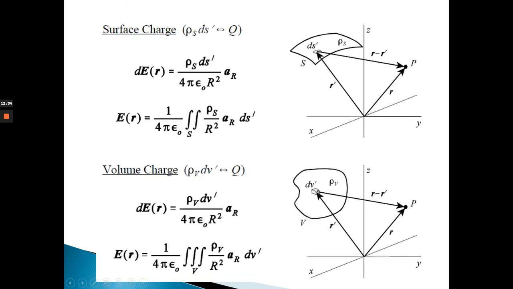So we replace Q with rho V dV, where dV involves 3 integrations. That is how we calculate. Later on, in one example, we can learn about it.